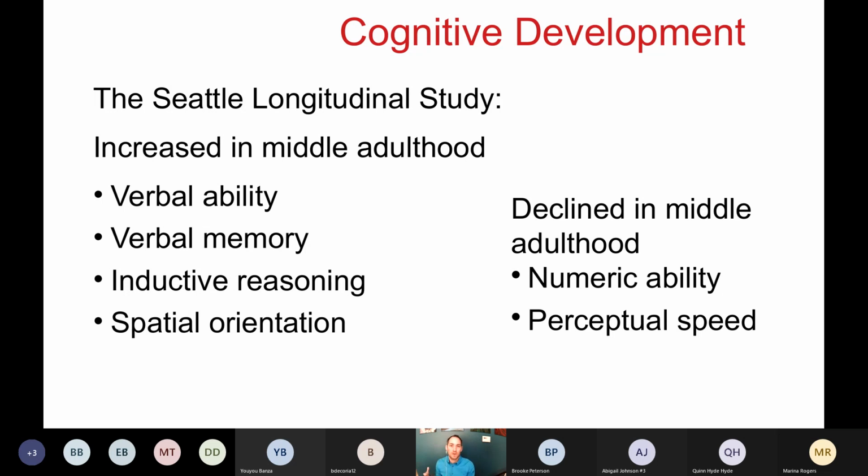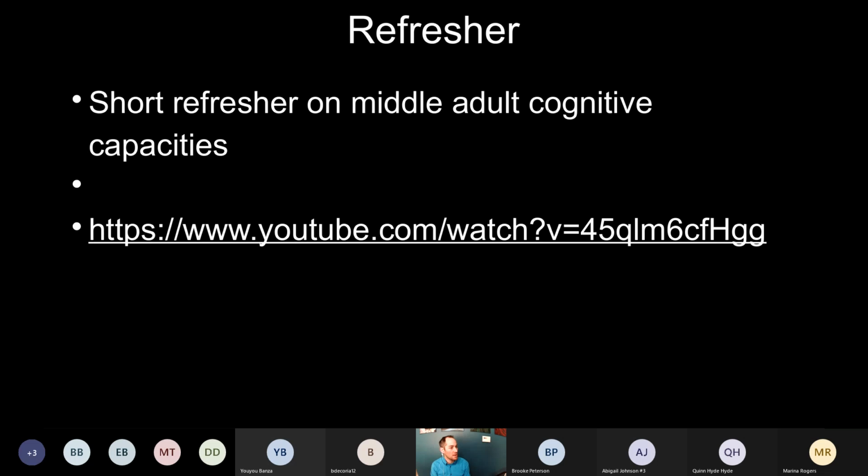Because especially using your brain, using those cognitive capacities, even if you lose physical capacities, you can still increase and use cognitive capacities, which I think is a really positive view of aging and adulthood as well. So let's see another couple findings on cognitive capacities that increase or are maintained or perhaps decline in middle as well as late adulthood in this video.